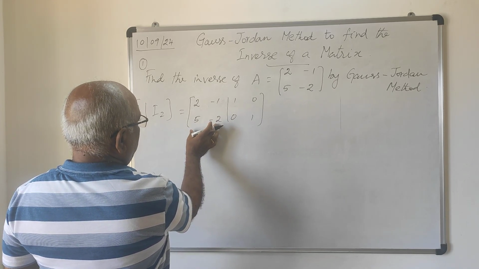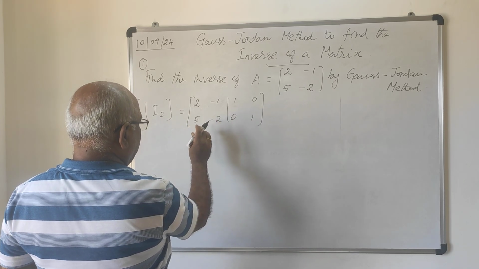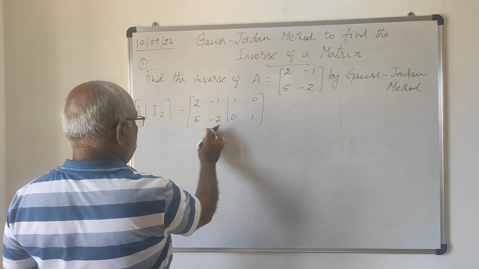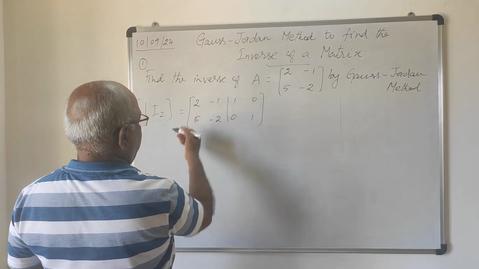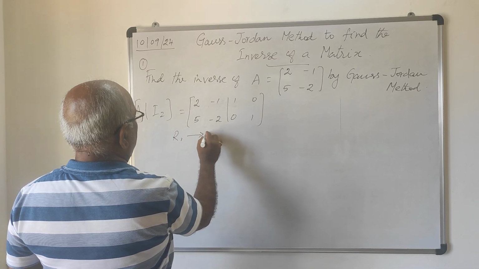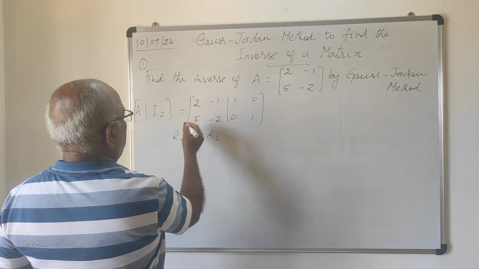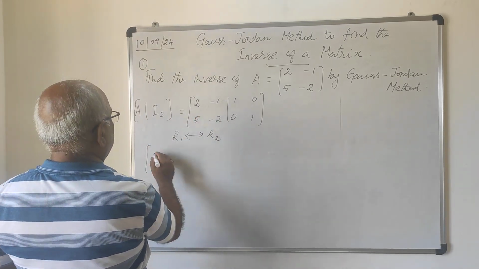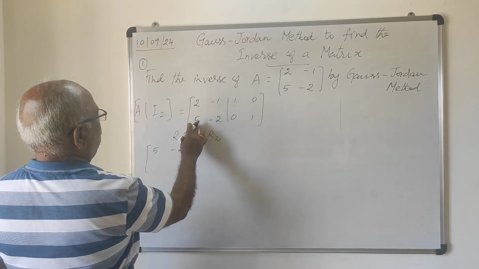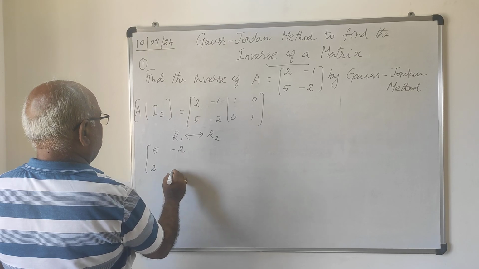See, first I am going to interchange the rows of the matrix A: the second row to the first row and the first row to the second row, R1 to R2 and R2 to R1. So I get 5 minus 2, 2 minus 1.